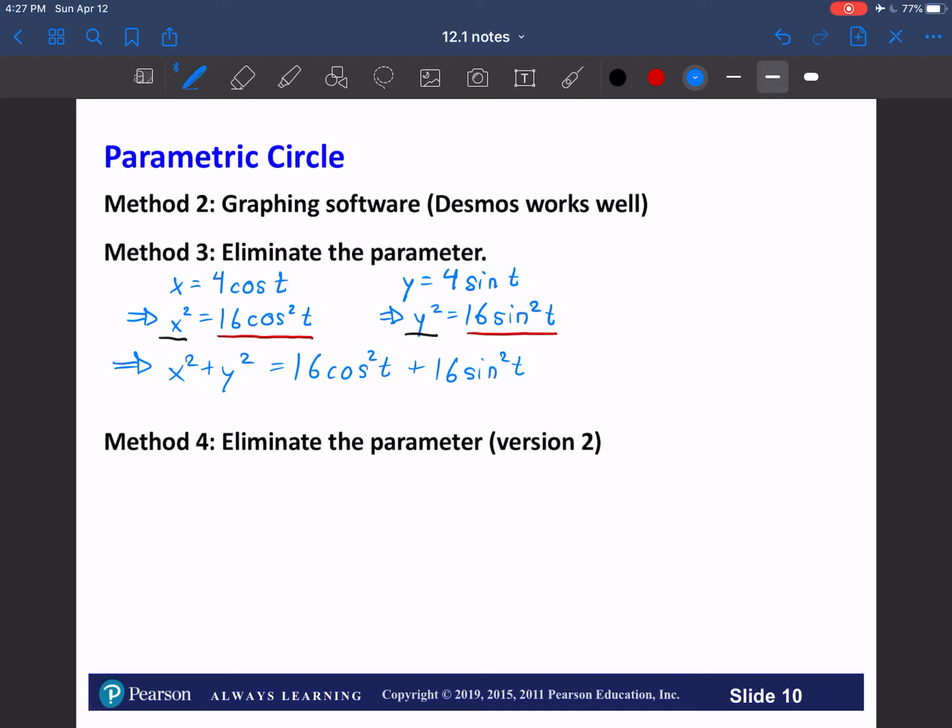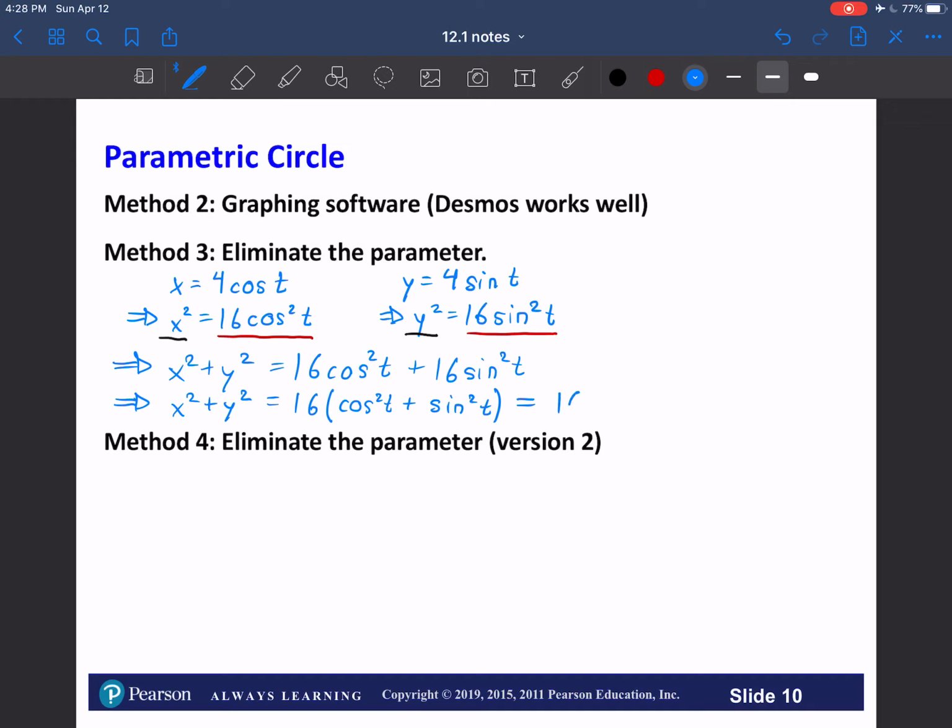Now perhaps you see where I'm going. The next step is to factor out that 16, of course. And sine squared of t plus cosine squared of t is just 1.